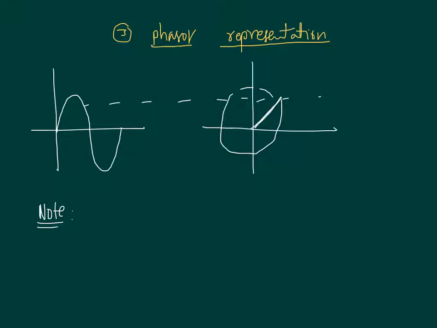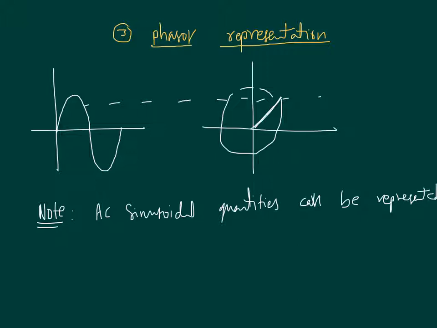The AC sinusoidal quantities, quantity may be voltage or current, can be represented by a line of definite length. Why definite length? A line is having a radius, and the radius is constant, so definite length it is.